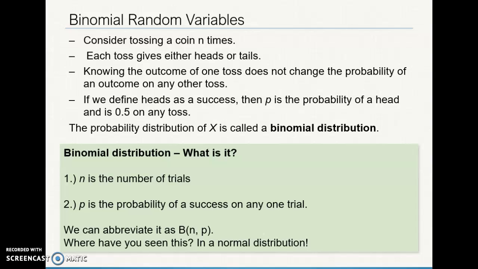Okay, now, so binomial random variable is going to connect to a binomial distribution. So let's just talk about the probability distribution of x is a binomial distribution. So kind of like how we define the normal distribution with the mean and the standard deviation, a binomial distribution is the same thing.